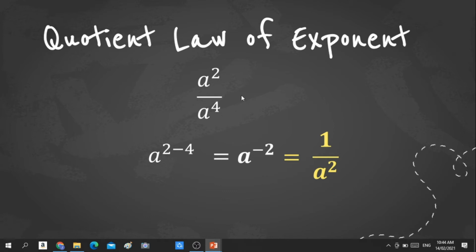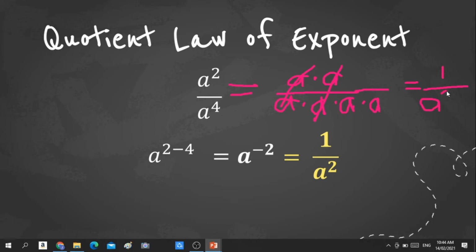Kasi ito ay a times a over a times a times a times a. Look, kapag nag-cancel tayo nito at saka nito, di ba hindi naman masasabing 0 yan. Meron talaga siyang 1 na maiiwan dyan at nasa baba si a raised to 2 kasi a times a yung natira. So, a raised to 2. So, same thing. Okay? So, kung ano yung mas madali, yun yung gawin nyo.